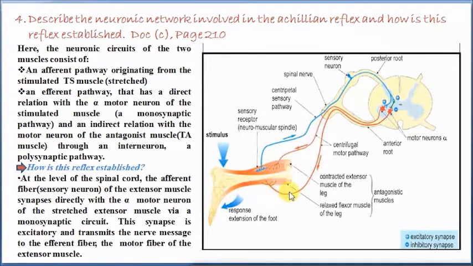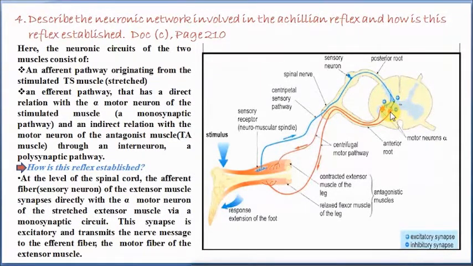Now, if you move ahead, you're going to see the cell body is in the spinal cord too. Remember, the cell bodies of the motor neurons are in the gray matter. This is the butterfly shape, the gray matter.